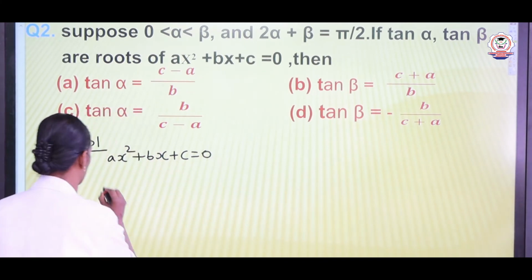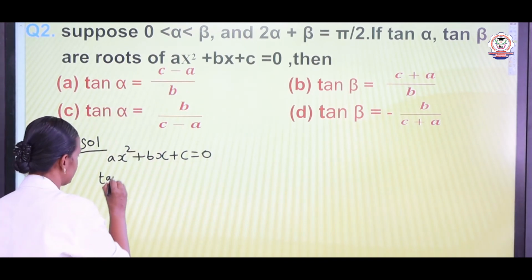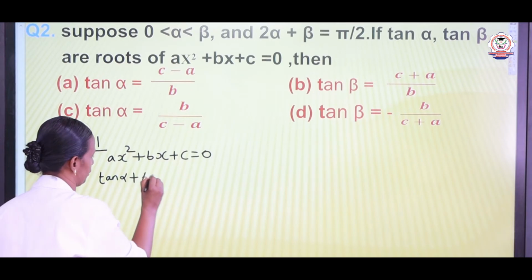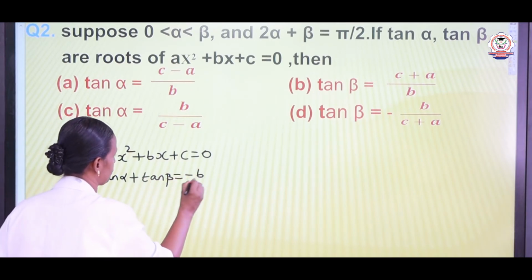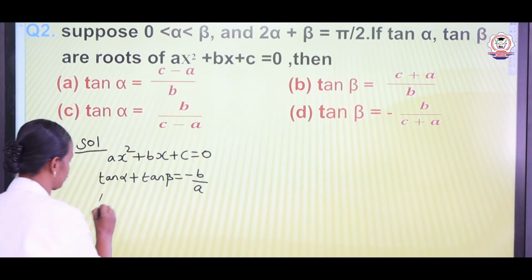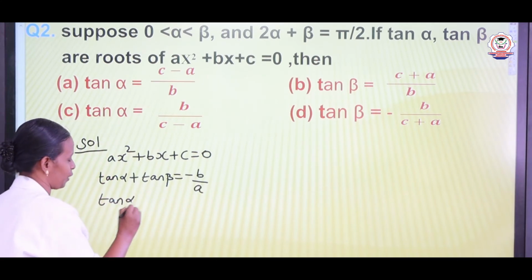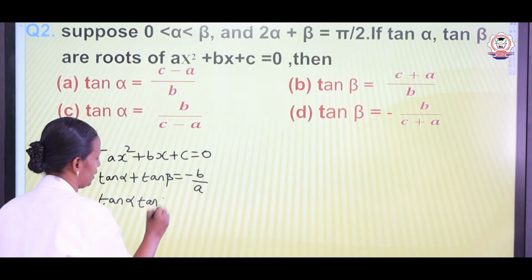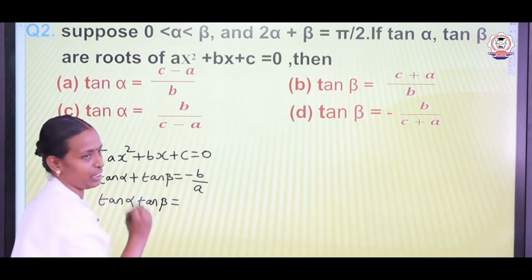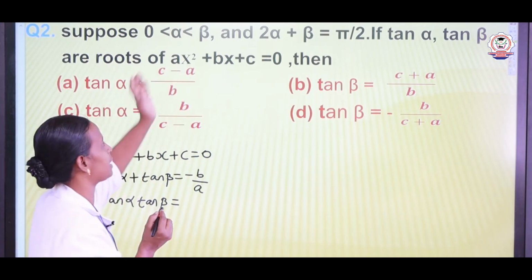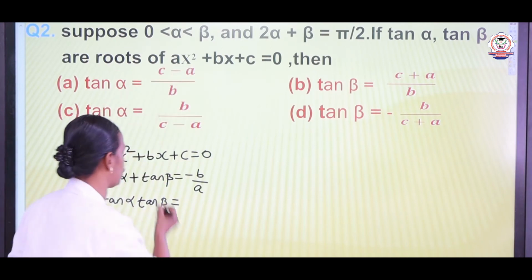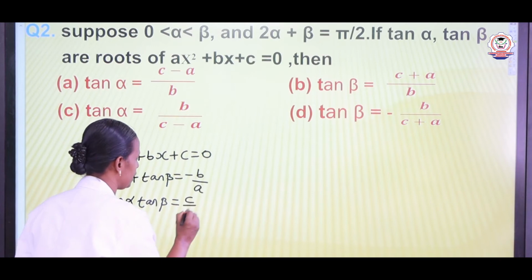So, sum of the roots is tan alpha plus tan beta equal to minus b by a. Product of the roots is nothing but tan alpha into tan beta, that is c by a. Here c, because we are giving the general quadratic equation ax square plus bx plus c equal to 0.